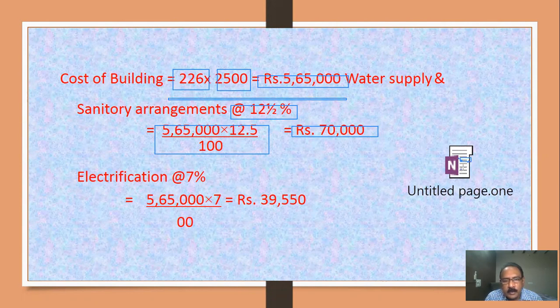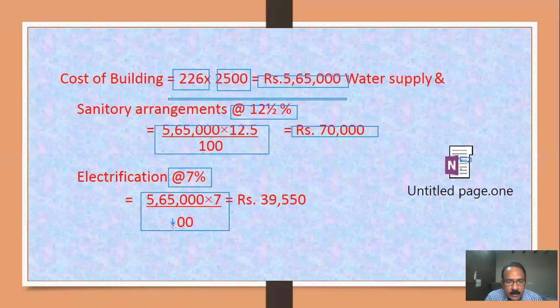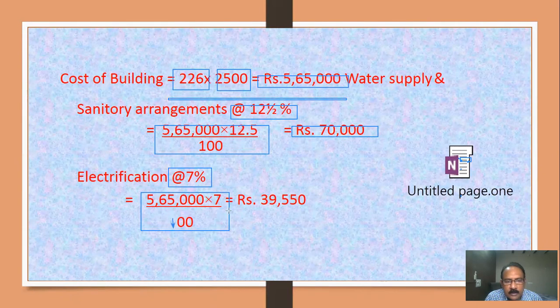And for electrification 7%, how are you going to calculate? The cost of the building 5,65,000 multiplied by 7 by 100. You will get 39,550 rupees for electrification.